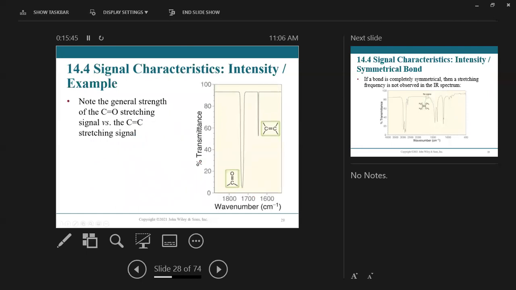So we can see that this one has greater bond polarity, and it's a stronger signal.